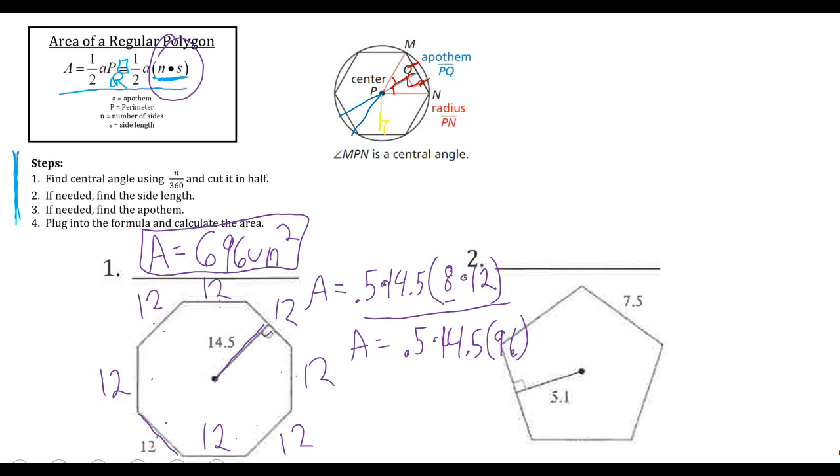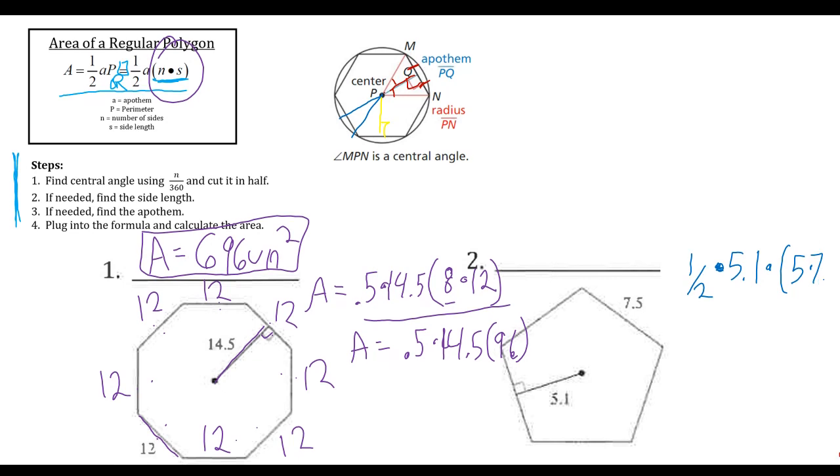All right, last one. You try it on your own, and then go ahead and see if your answer is correct. I'm just going to type in what you should have. 1/2 times the apothem times, well, there are 5 sides because it's a pentagon, and each side is 7.5 long.